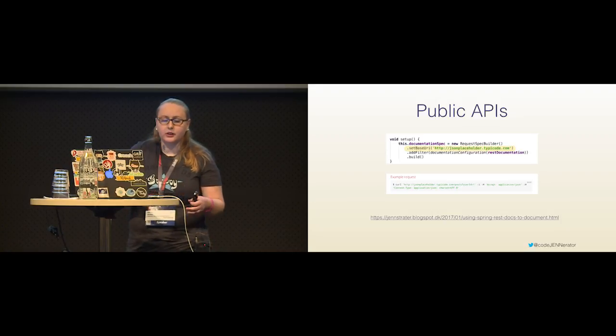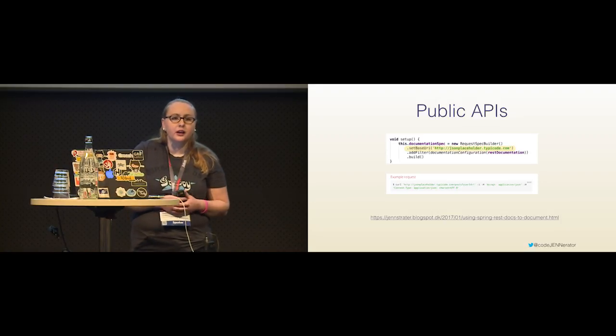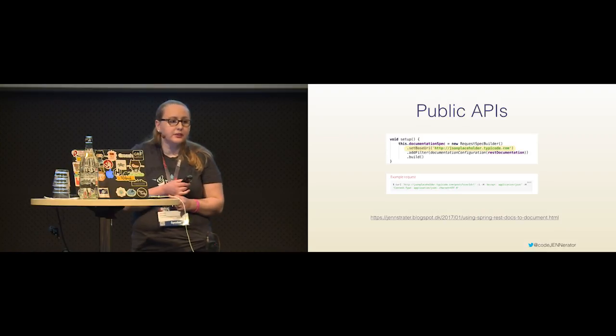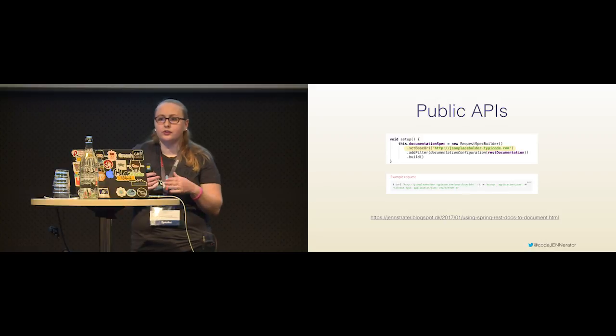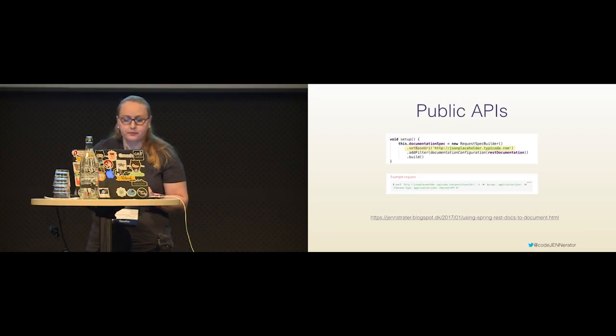And you may think, why would I want to do this? But maybe it's something that you don't have direct access to in the project that you're working on, or you just want to document something else. There's a little bit more detail in that blog post.